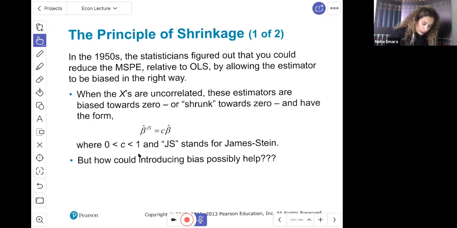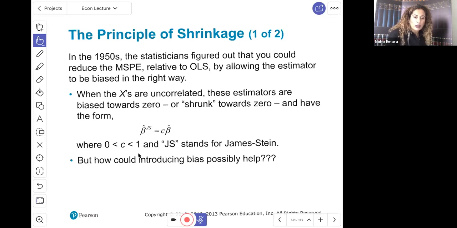So basically, and this is very important, which is the first bullet, when x's are uncorrelated. When I say that I have 100 variables that are able to explain y, if I'm assuming that these 100 variables are uncorrelated, then these estimators can be biased towards 0, or shrunk towards 0.